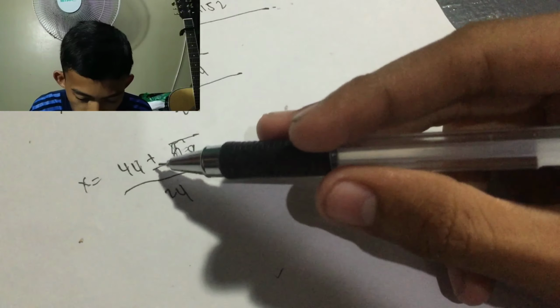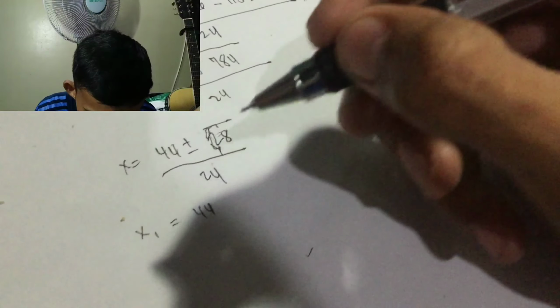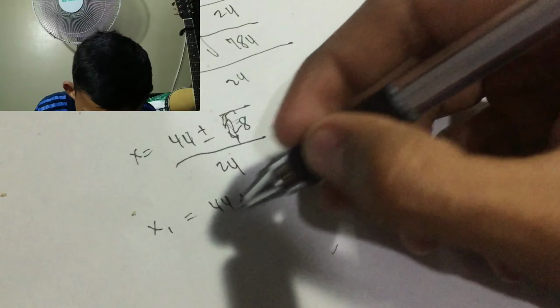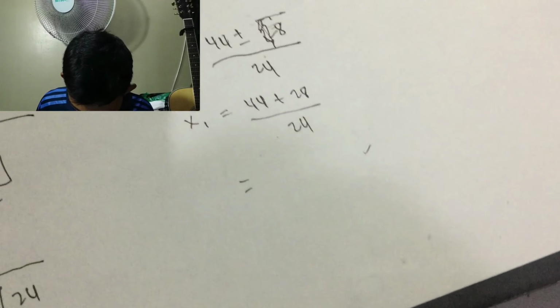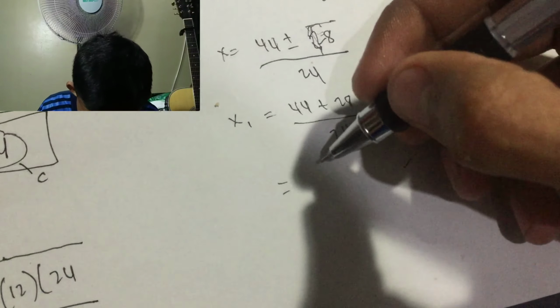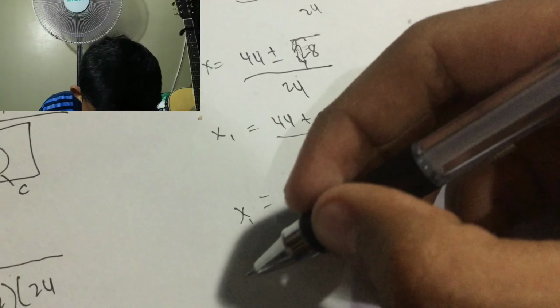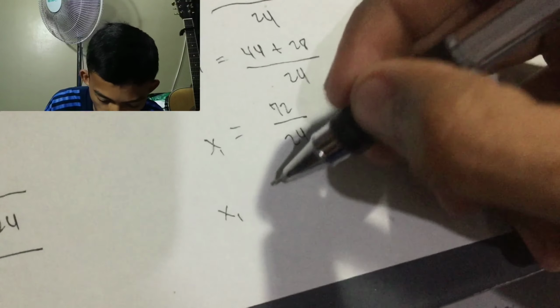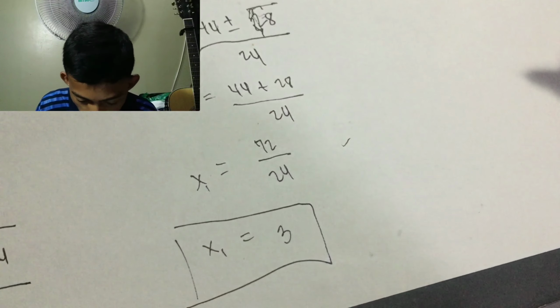So we have two values here because it is plus and minus. Let x sub 1 be 44 plus 28 over 24. Then 44 plus 28 is 72 over 24, and 72 divided by 24 is equal to 3. This is now our x sub 1.